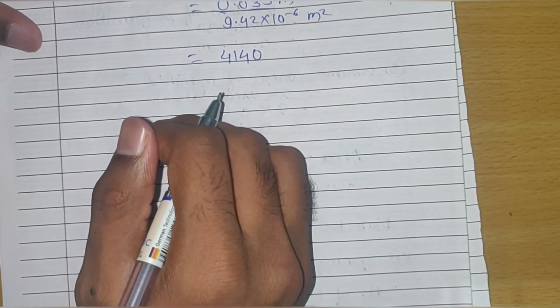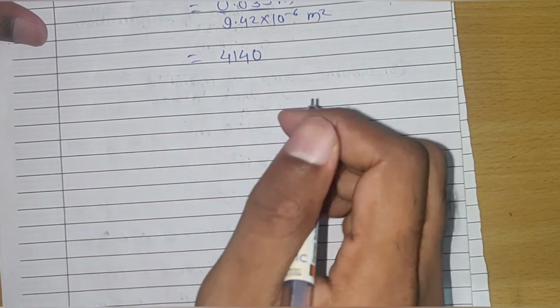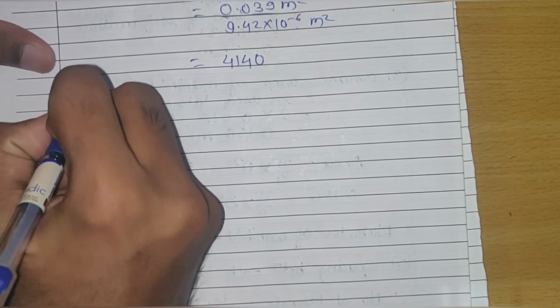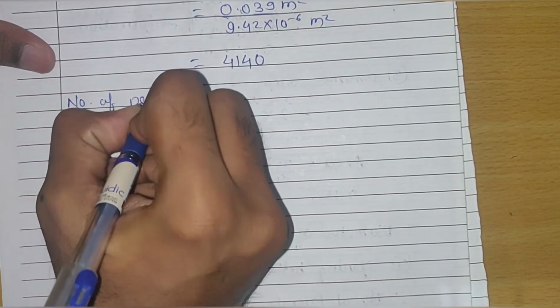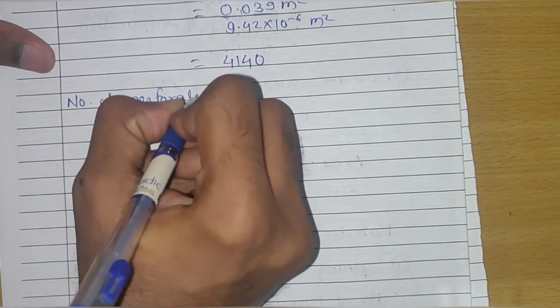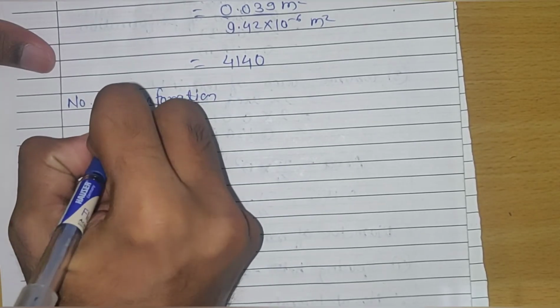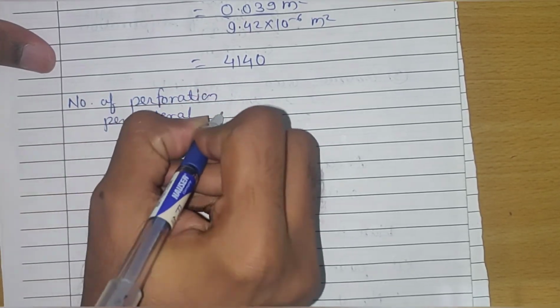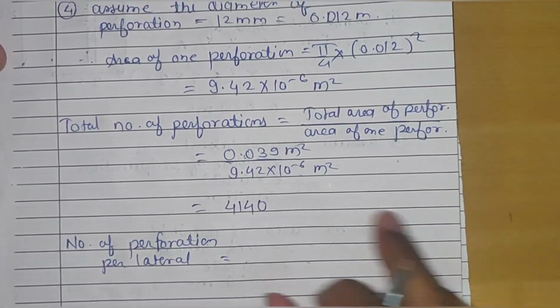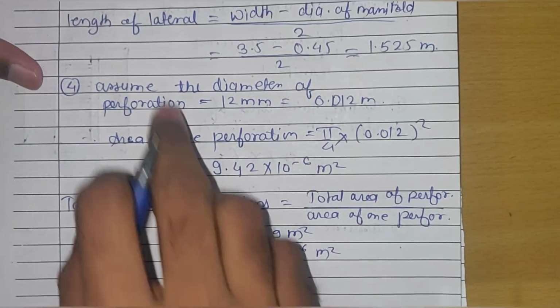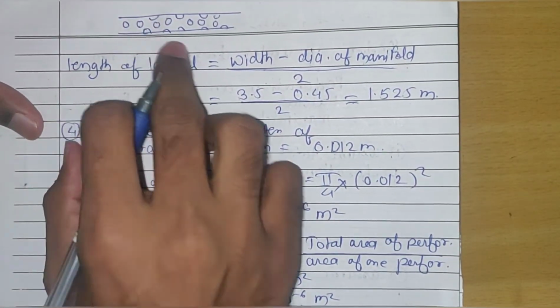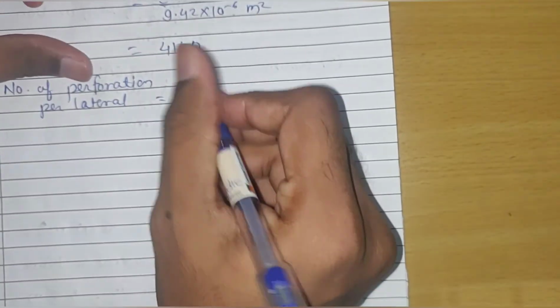Now calculate the number of perforations per lateral, that means how many perforations will be placed in one lateral.